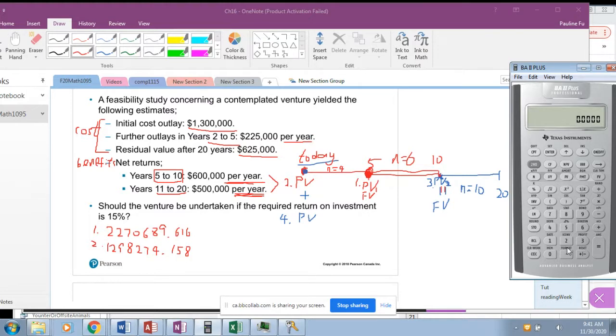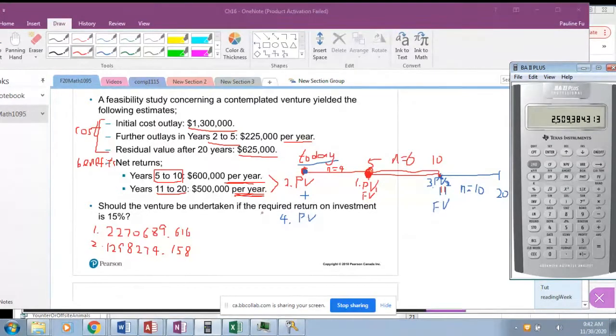Then 500,000 is PMT, 10 is term N, 15 is IY, 0 is FV. Compute PV. So I got this number, the PV, the result of step 3. I will store this number in 3 because this number will become the future value, referenced to today.